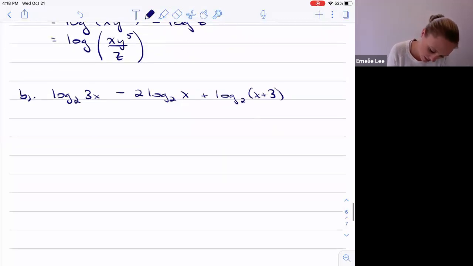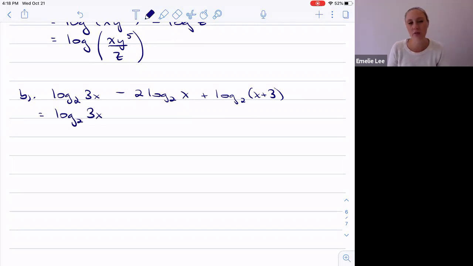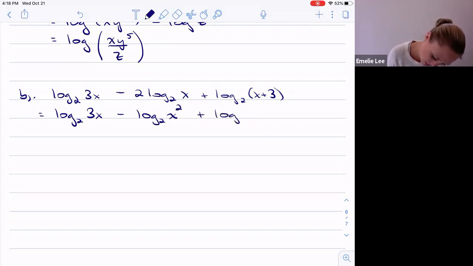So what I get is, I'll just do this in a couple of rows, although you probably could smush it all together in one row. Sounds risky though. Log base 2 of x to the power of 2 plus log base 2 of x plus 3. Okay.